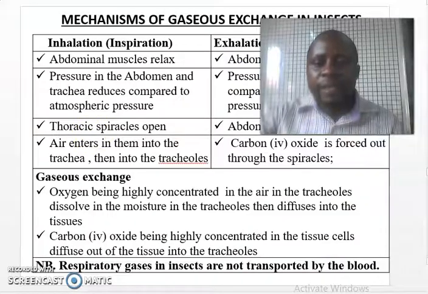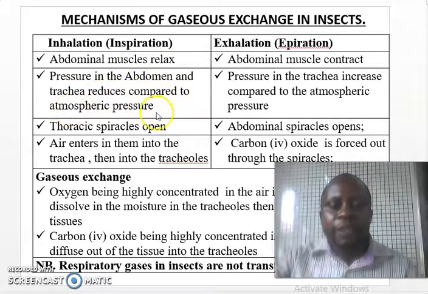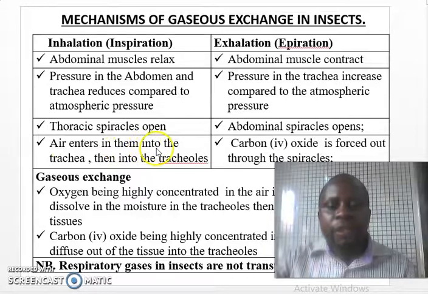Have you understood? Now let us have a quick summary of what we have learned. During inhalation, abdominal muscles relax, and pressure in the abdomen reduces compared to the atmospheric pressure. Thoracic spiracles open, air enters through the thoracic spiracles, then the trachea, then into the tracheoles.